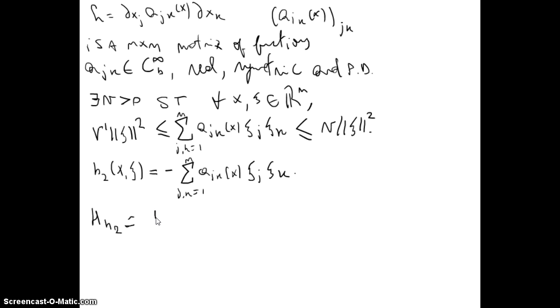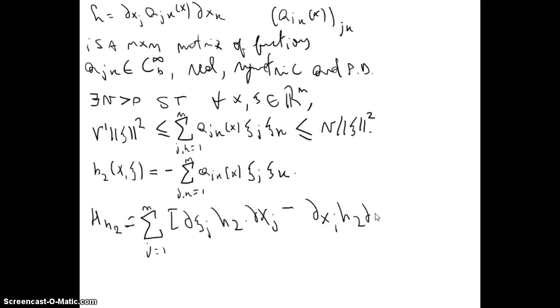It will be equal to the sum, j equal to 1 to n, of the derivative in xi j of h2 times the derivative in xj, minus the derivative in xj of h2 times the derivative in xi j.